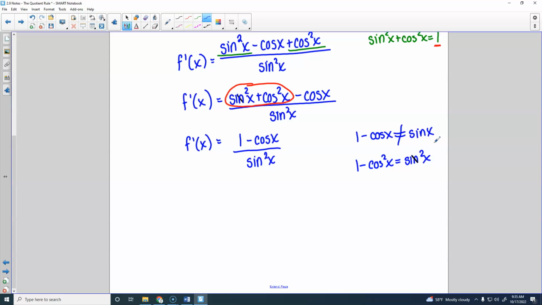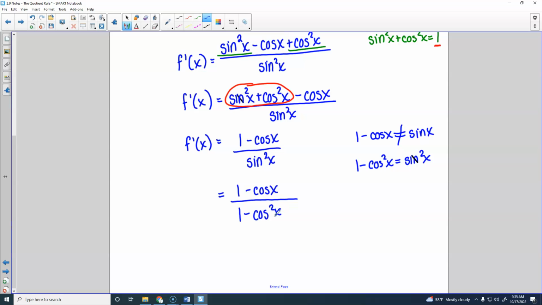So it has to have the square for that to be true. So we cannot replace the numerator, but we could replace the denominator with 1 minus cosine squared x. So 1 minus cosine x over 1 minus cosine squared x.